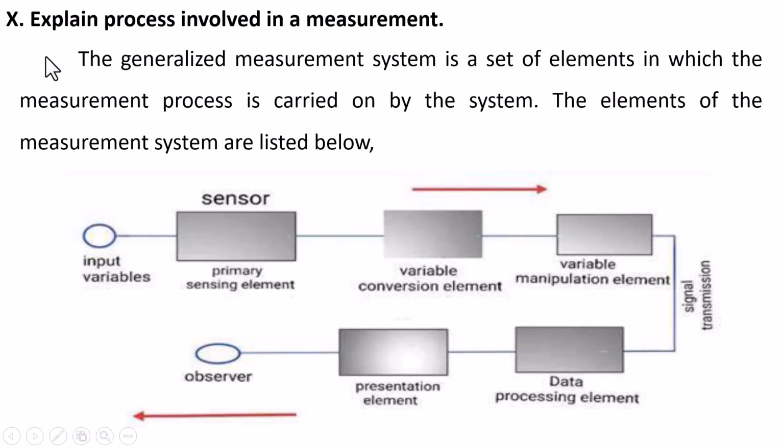Next question, explain the process involved in measurement. A generalized measurement system is a set of elements in which the measurement process is carried out.